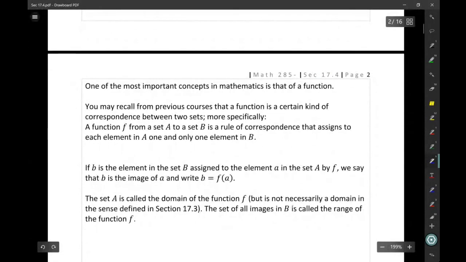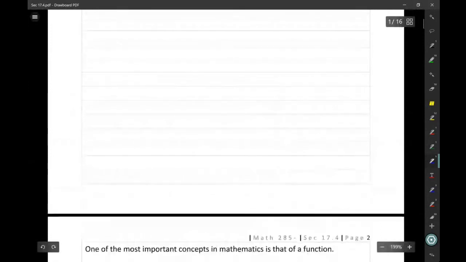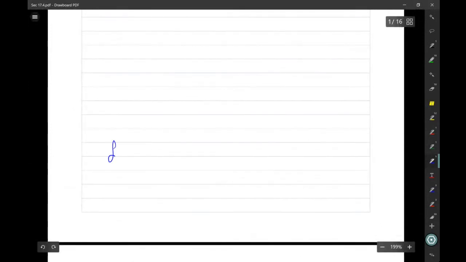From calculus, you know that when we have the function f defined from A to B, we say that the function f of x is equal, for example, x squared.